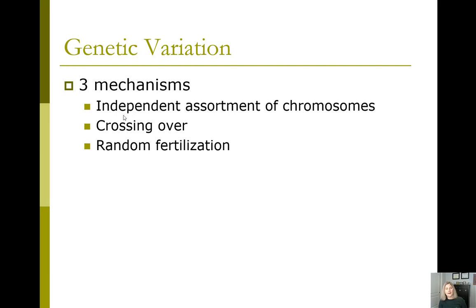So these 2 things add to genetic variation during meiosis. And then finally, random fertilization adds even more genetic variation. Each sperm has the same chance of fertilizing each egg. The egg doesn't choose, I like that sperm more than that one. It's completely random, so that all adds to genetic variation.